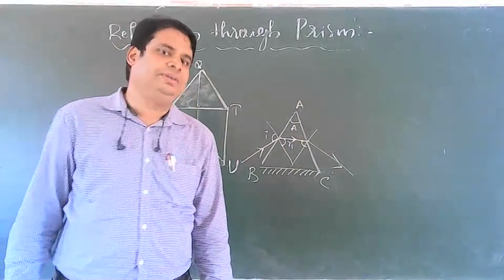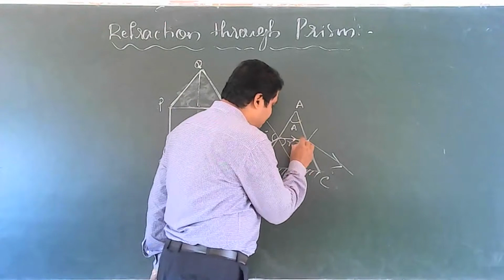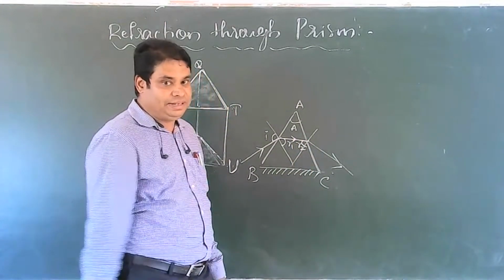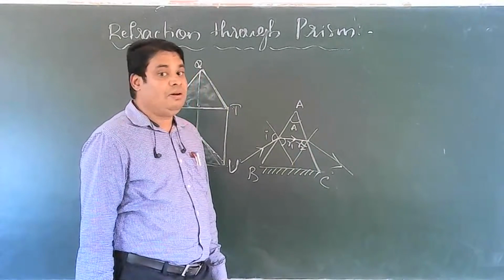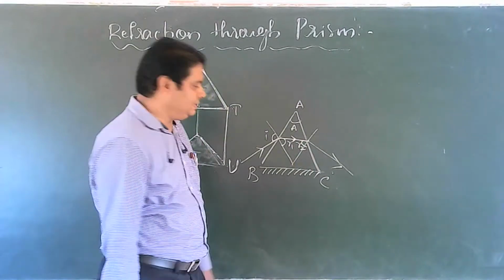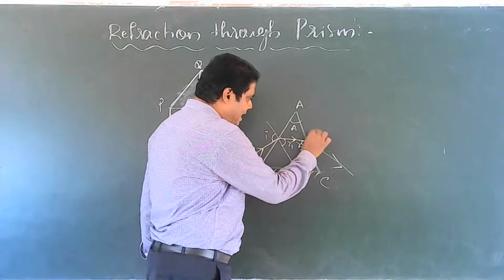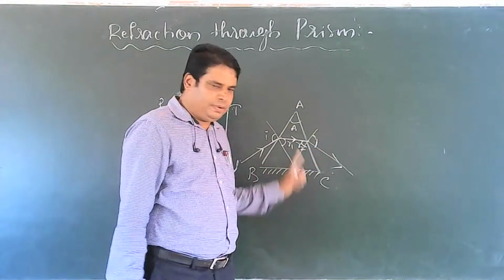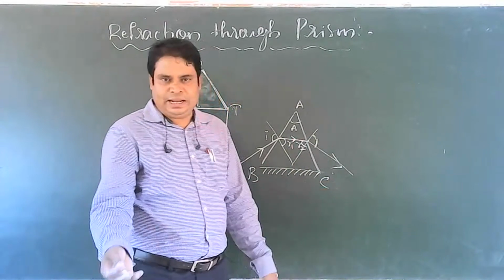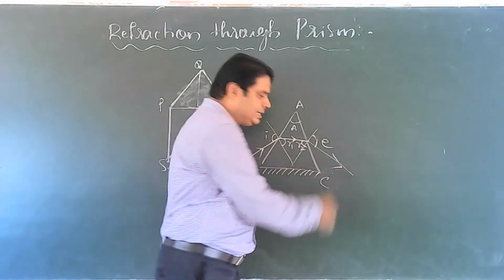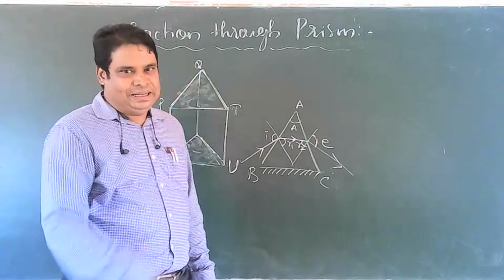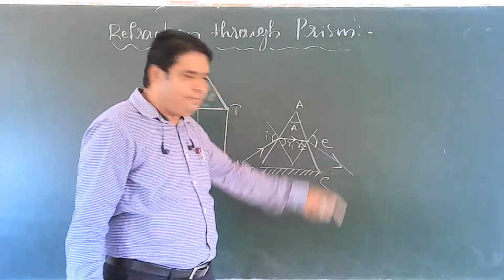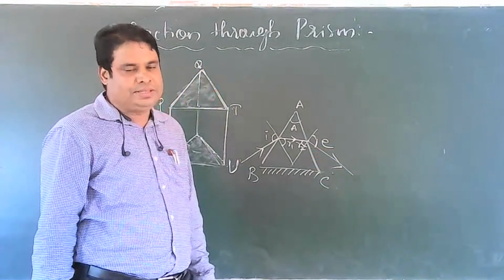While deriving, we represent it by r2. Here, the angle of incidence we take as r2, not i2. Why? Let us discuss. This angle, once again from denser to rarer, the angle of refraction, we represent as the angle of emergence, e. For this emergent ray, the angle of emergence is e.